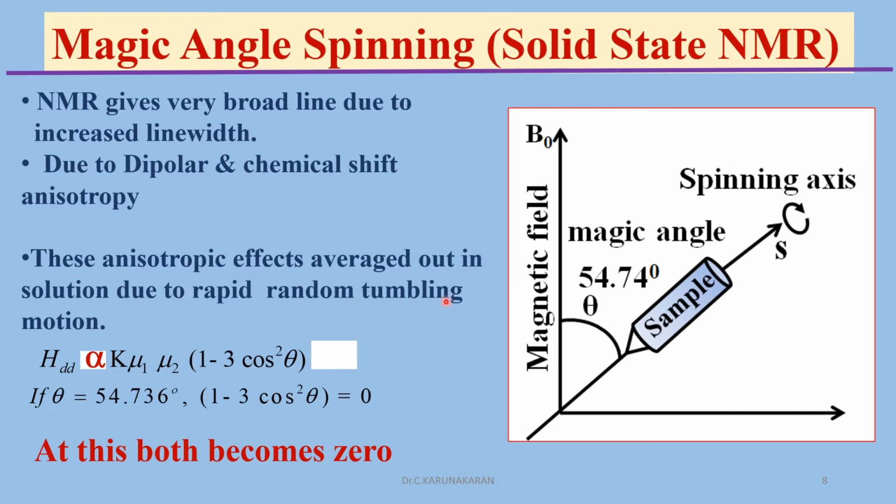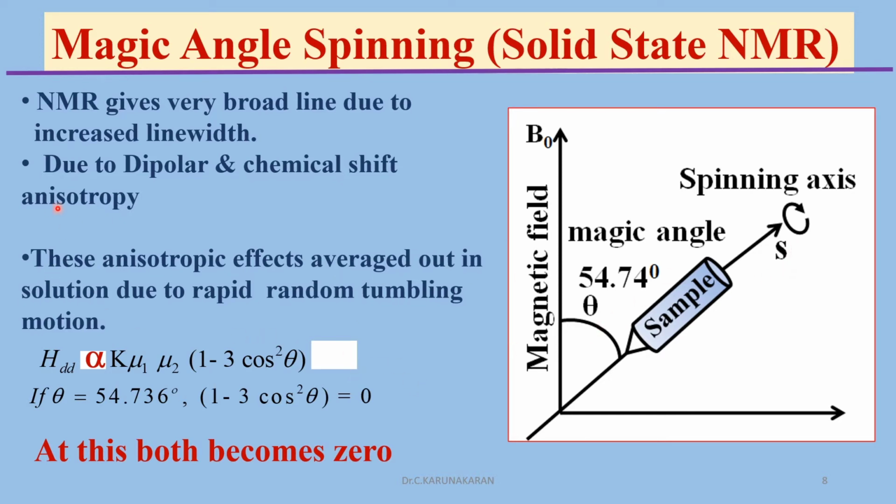These effects are averaged out when the compound is dissolved in solution. These effects are negligible, and they give an isotropic NMR spectrum due to rapid tumbling motion.